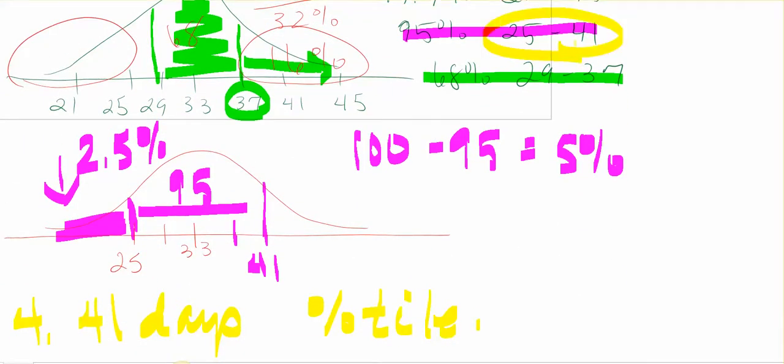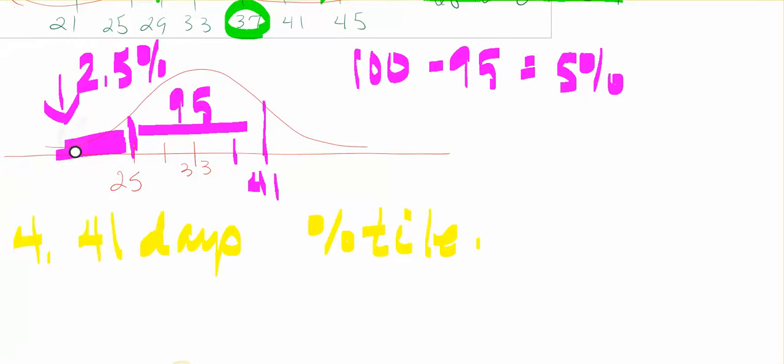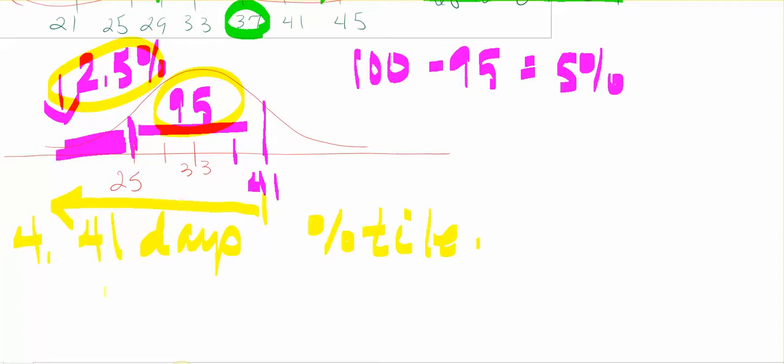So 41 again falls here. So we could use the same picture, all right? But percentile means what percentage is below you. So you have to add them up, big deal. 2.5% and 95%. So 41 days is in the 97.5 percentile.